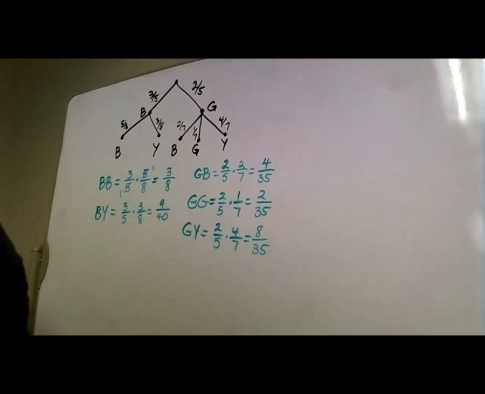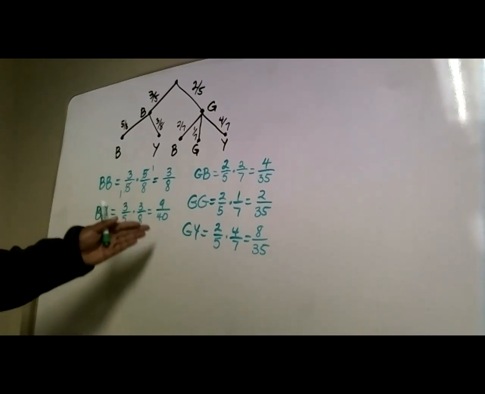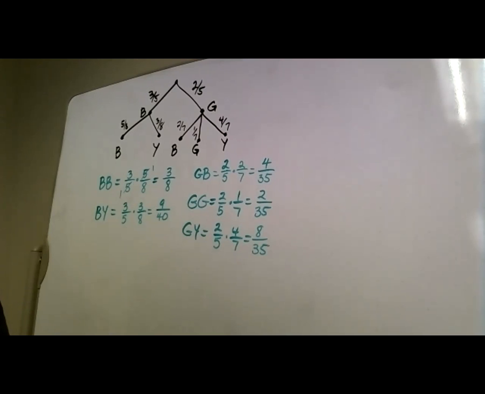That'd be 8/35. Okay. So these are all the outcomes, all the possible outcomes, and their corresponding probabilities for each one of those. All right. Any questions about just listing those possible outcomes there?